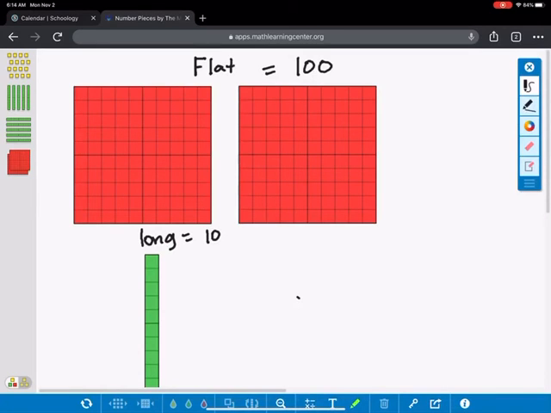My question to you is how many longs will it take to get 2 flats? How many longs is it going to take? Okay, so go ahead and think about it. Try to move these around in your head, or you can draw a picture.